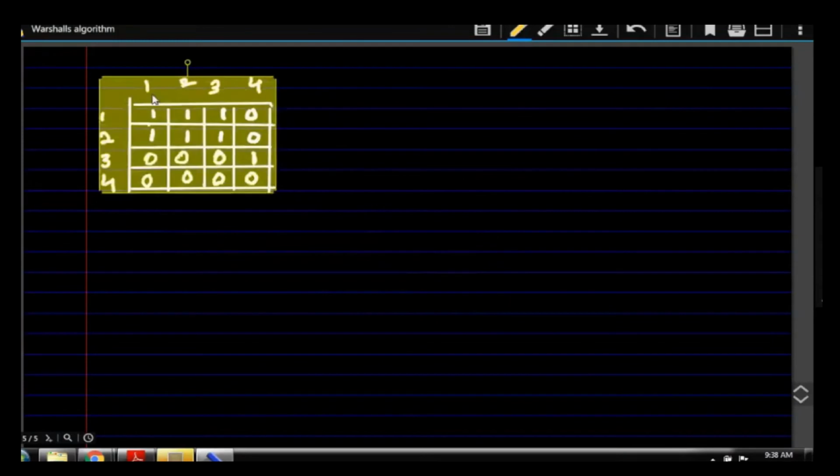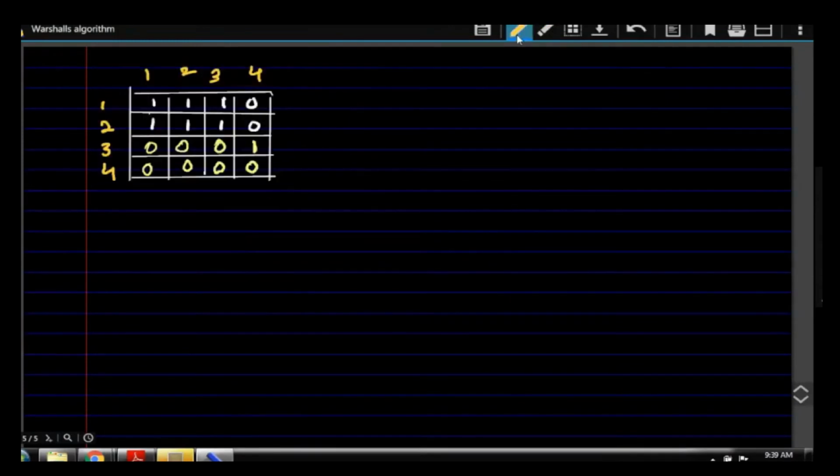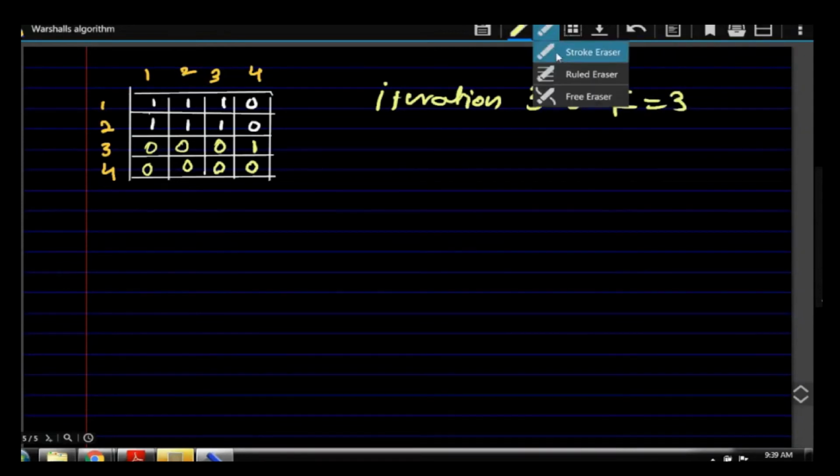Now here we will write iteration 3, with k equals to 3. That means you have to mark now this column, k equals to 3. And you have to check which rows are containing 1.